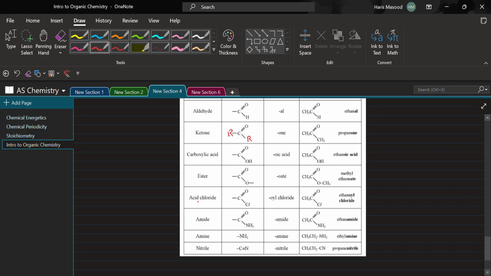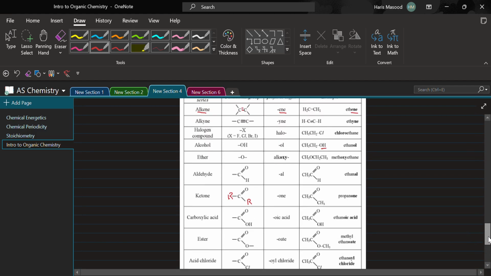As acid chloride, it would be acyl chloride. Acyl chlorides, C double bond O, and then you have placed a Cl here. Amide, you have NH2 group. Amine, in amine you just have NH2, not C double bond O with it. Then for nitrile, CN group. This is one of the most important groups, so we'll be studying each and every one of them in the organic section.